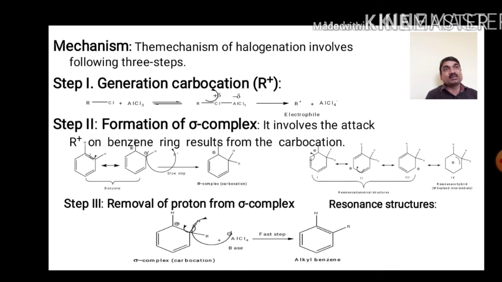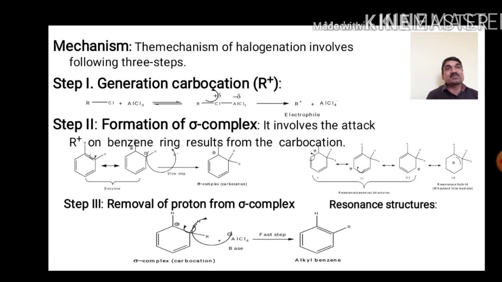Once the electrophile is generated, it undergoes the second step, that is formation of sigma complex. It involves the attack of R+, the alkyl carbocation, on the benzene ring. This is a slow step and hence it is the rate determining step.